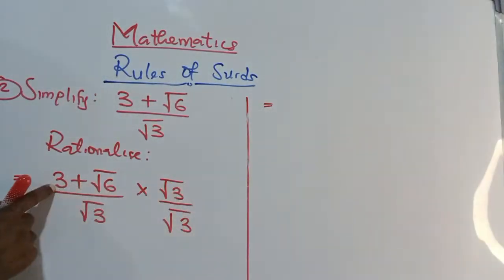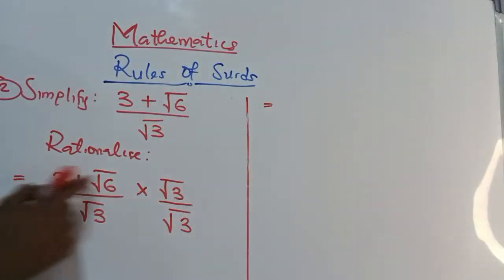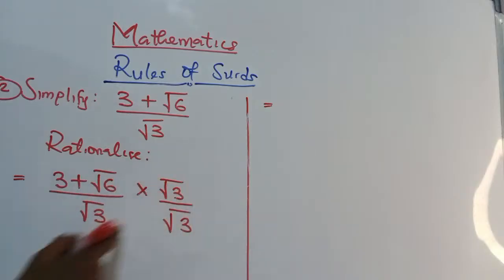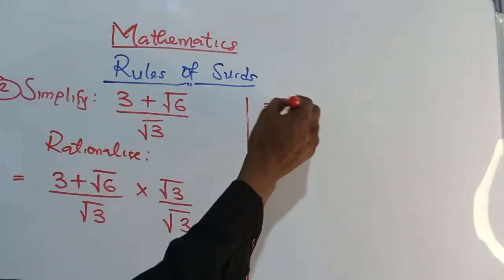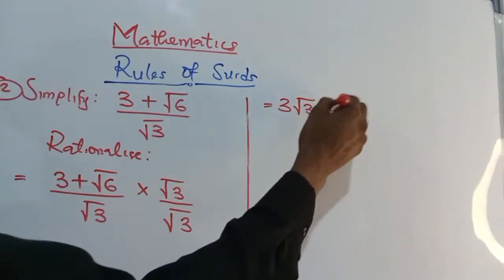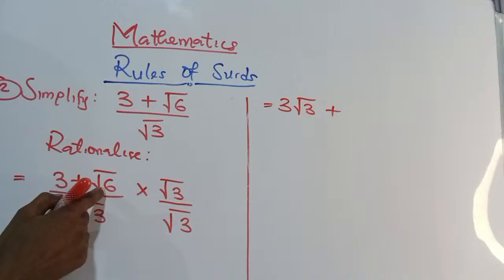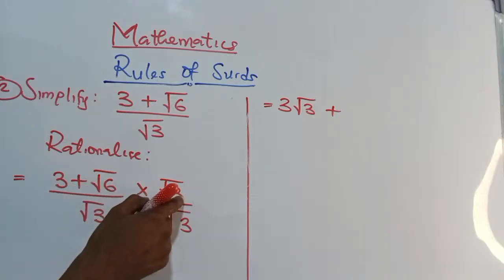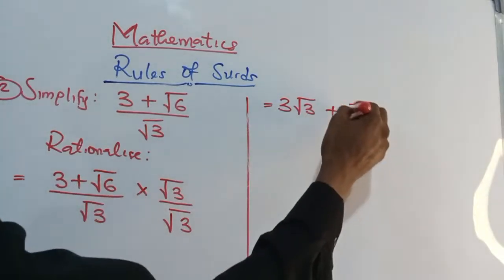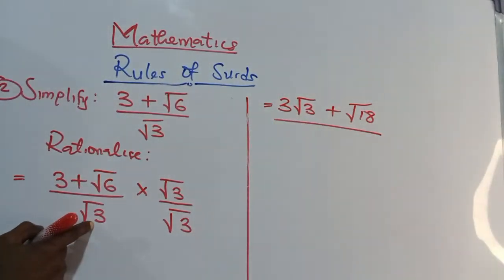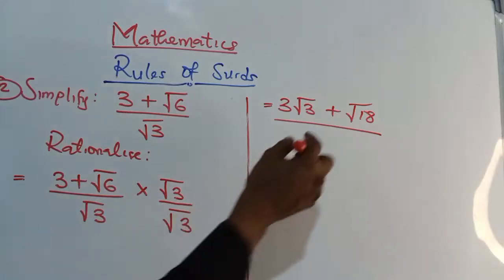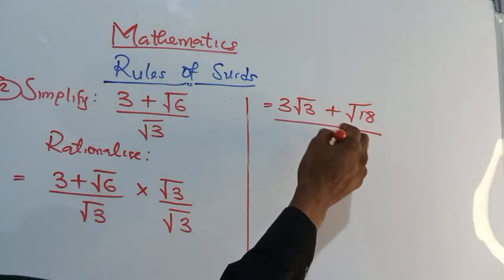Root 3 times 3: that is this times this. Then we do this times this. So 3 times root 3 will give us 3 root 3, plus root 6 times root 3. 6 times 3 will give us 18, over root 3 times root 3, which gives us root 9.